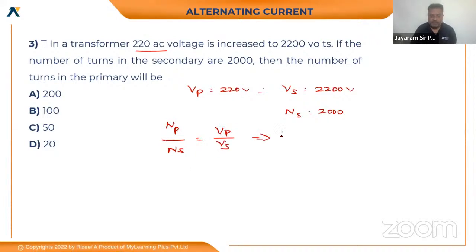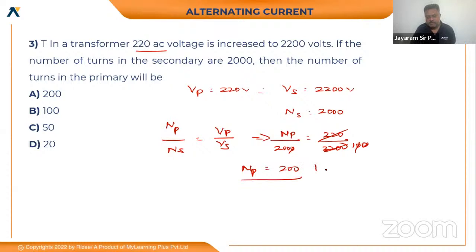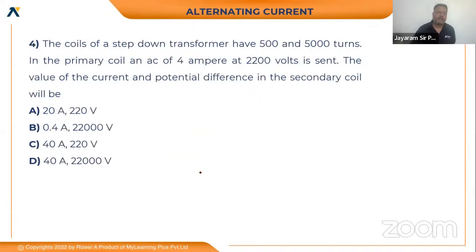NP by 2000 is equal to 220 by 2200, which goes for 10 times. One of the zeros will be cancelled. Number of turns in the primary will be 200 turns. Right? Next question, please.